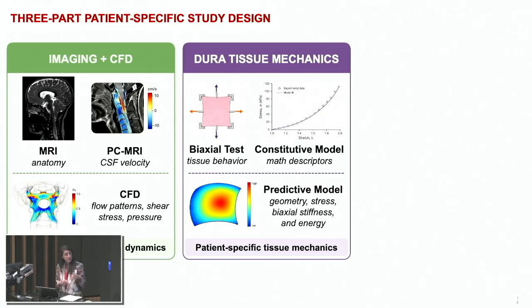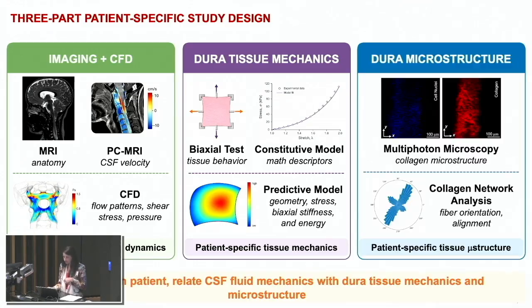The resulting stress and strain data will be used to estimate the parameters of a constitutive model, which will allow us to predict geometry, stress, stiffness, and other mechanical metrics of interest under physiological loads.